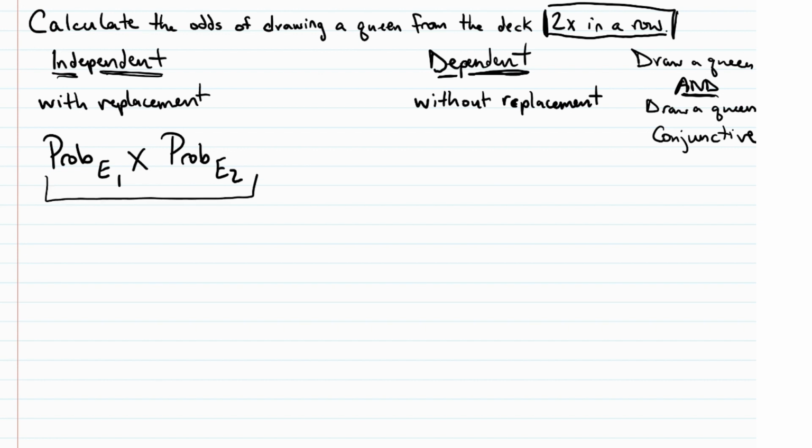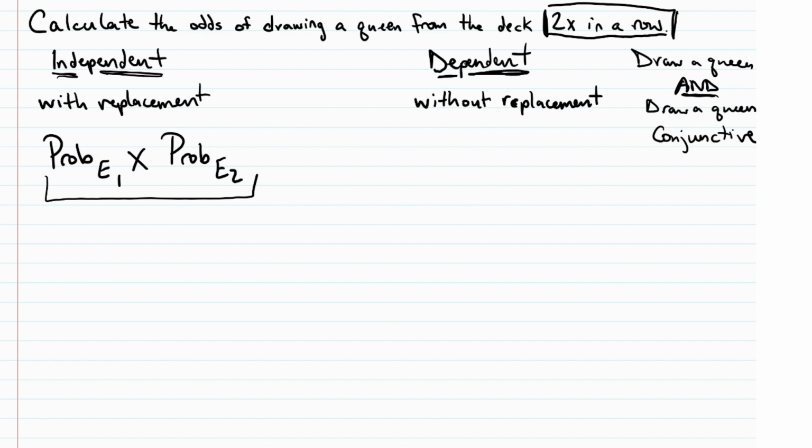Our formula as applied to this question is you multiply the probability of drawing a queen in the first event times the probability of drawing a queen in the second event.